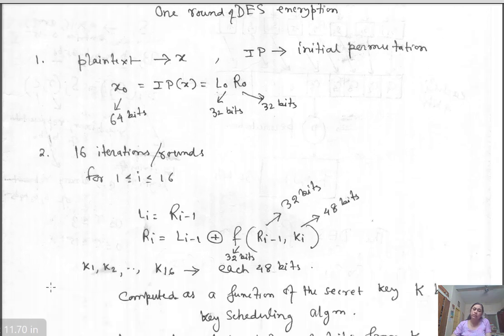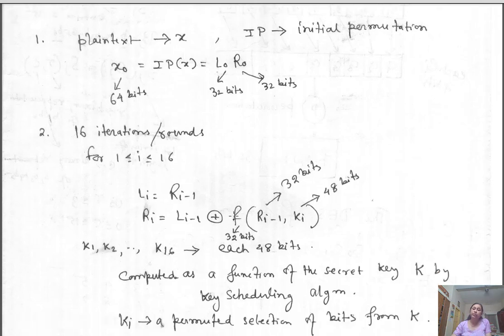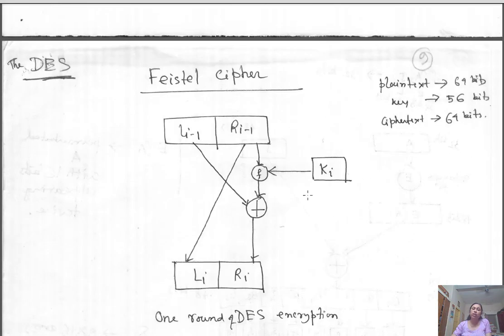Also, we have to discuss how these 48-bit round keys are generated from the given 56-bit key. Also, I have to specify this function F that takes as input a 32-bit string as well as a 48-bit round key and gives you a 32-bit string. So these specifications I have to give, and this structure is called a Feistel cipher.